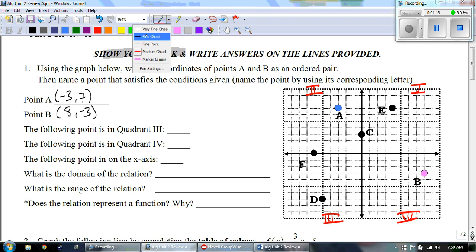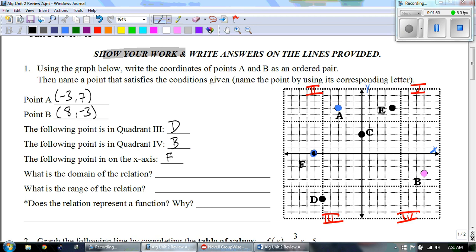So there's only one point in quadrant 3, and that is point D. In quadrant 4, there's only one point, and that is point B. And what point's on the x-axis? Now, if you forget which one's the x, the y goes vertical and the x is horizontal. And so the point on the x-axis is F.